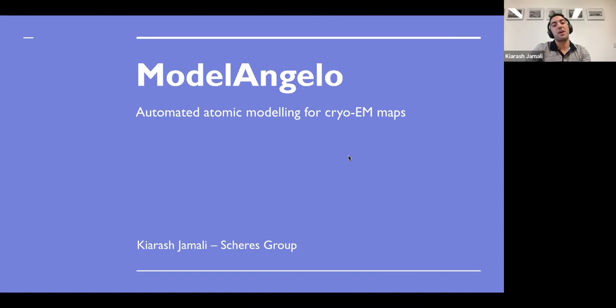Thanks. So yes, I'm Kirash Jamali in the Shares Group at the MRC Laboratory of Molecular Biology in Cambridge, United Kingdom. Today I'm going to be talking about ModelAngelo, which is an automated atomic model building program for cryo-EM maps.